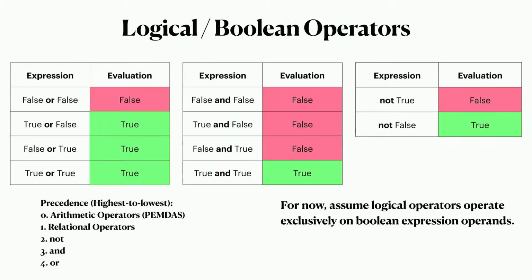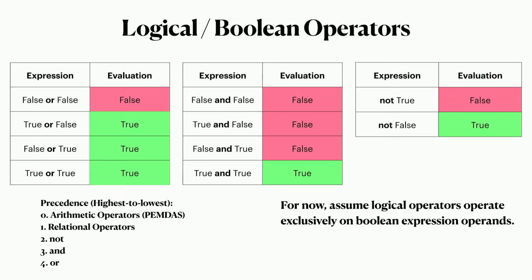For reference purposes, I've got on the slide deck these tables that we filled out. For now, we're going to assume and trust that in what you see in this course, these logical operators for or, and, not are going to have Boolean operands.